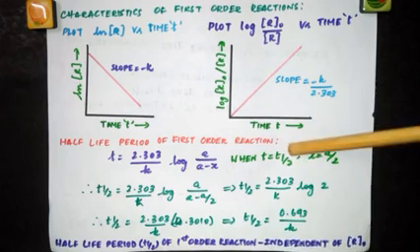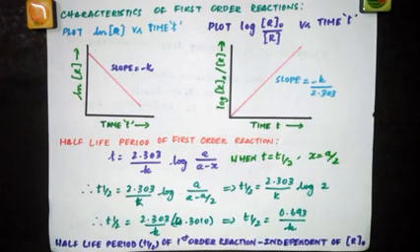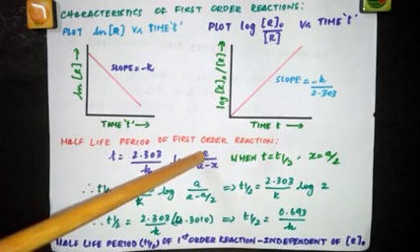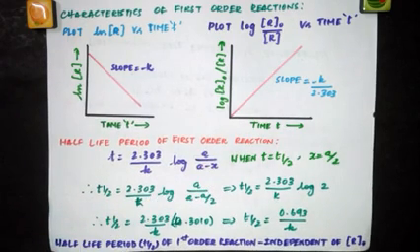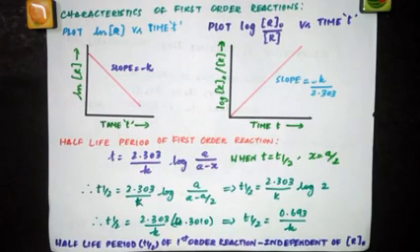So when time is equal to t half, what will be the concentration of the reactant left? That will be equal to x. See, just now I told you a is the initial concentration and x is the number of moles reacted. At t half, half of the initial concentration has been changed into products.